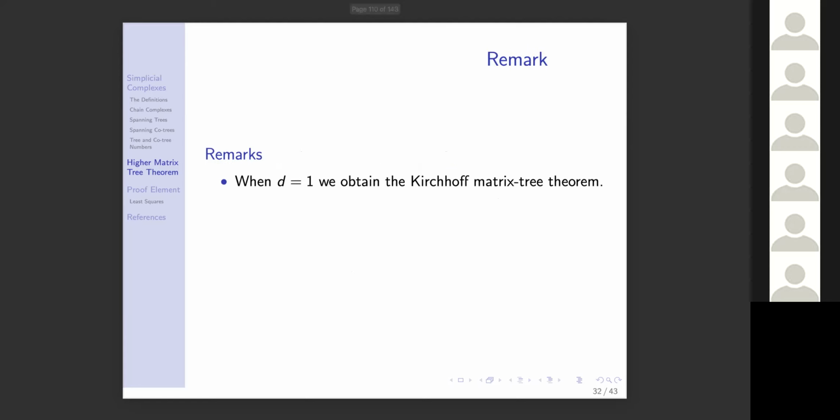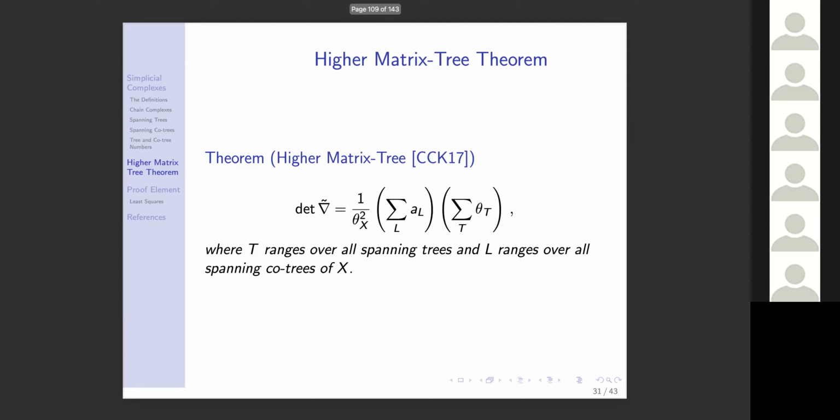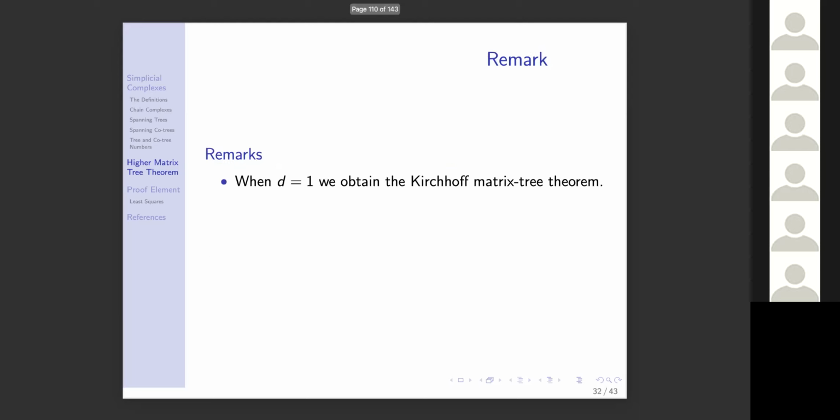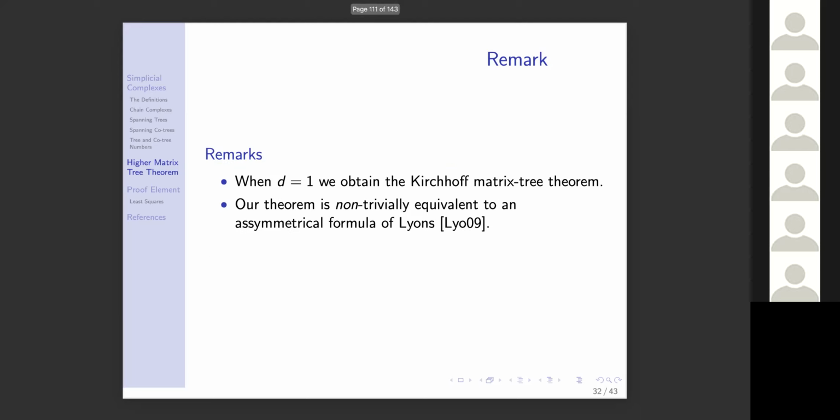When D equals 1, we obtain the usual Kirchhoff matrix-tree theorem because all of these tree and cotree numbers are 1 in that case. There's no torsion. That's the reason. So the order of these groups is just the trivial group, and that has order 1.